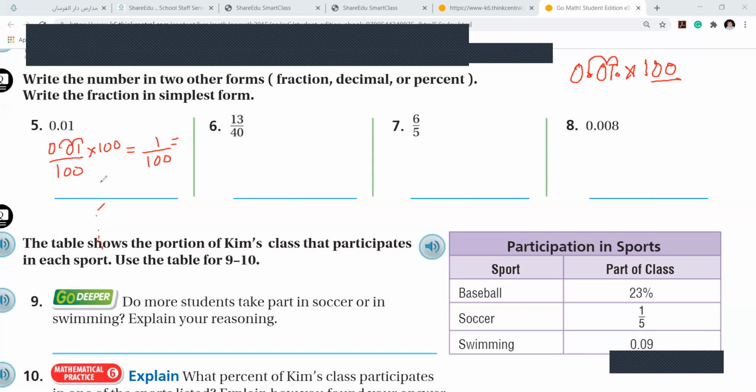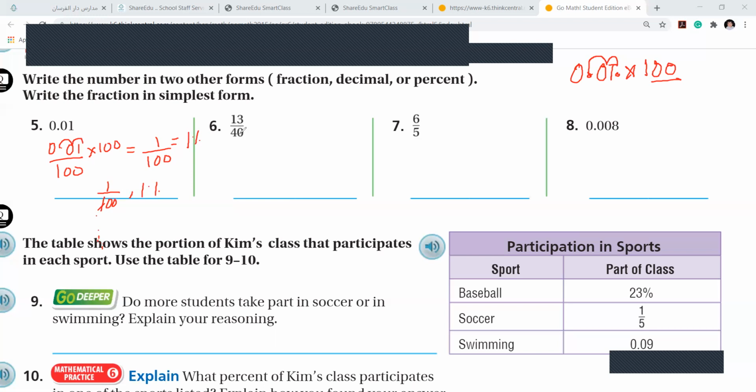So the fraction is 1 over 100 and the percentage is 1%. This is your answer. This next one they have given us in fraction. I need to write in points and I need to write in percent. Fraction is given to you.